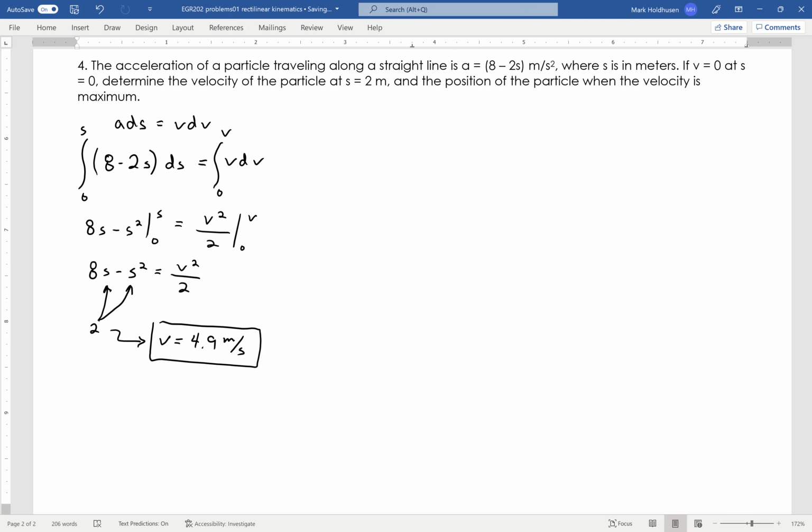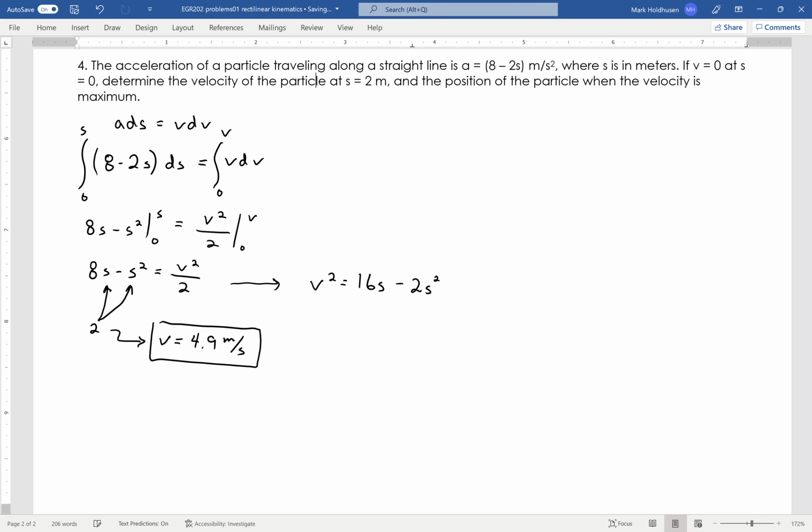Now, what I want to do is find at what position the velocity is the maximum. So I'm going to take this equation and bring the 2 over to the other side. So basically v squared equals 16s minus, sorry, 2s squared.